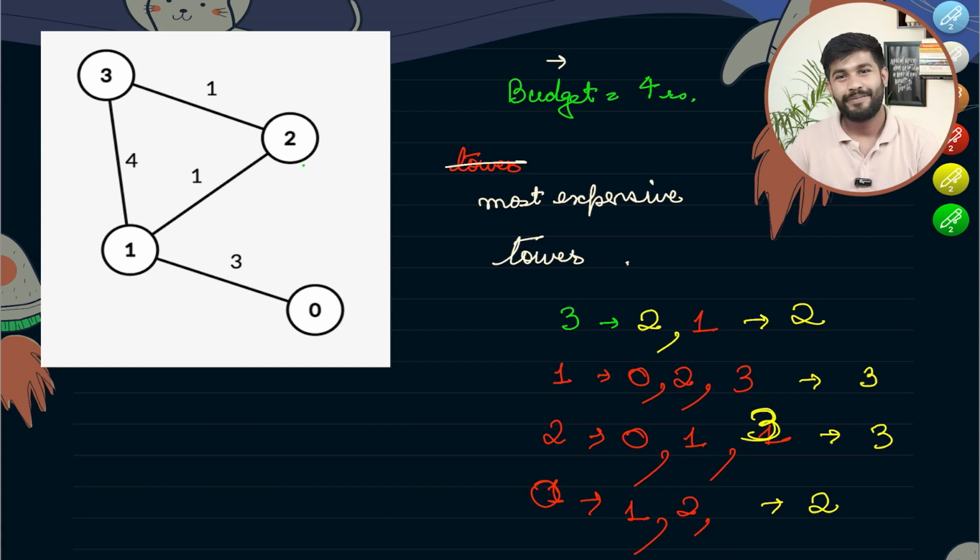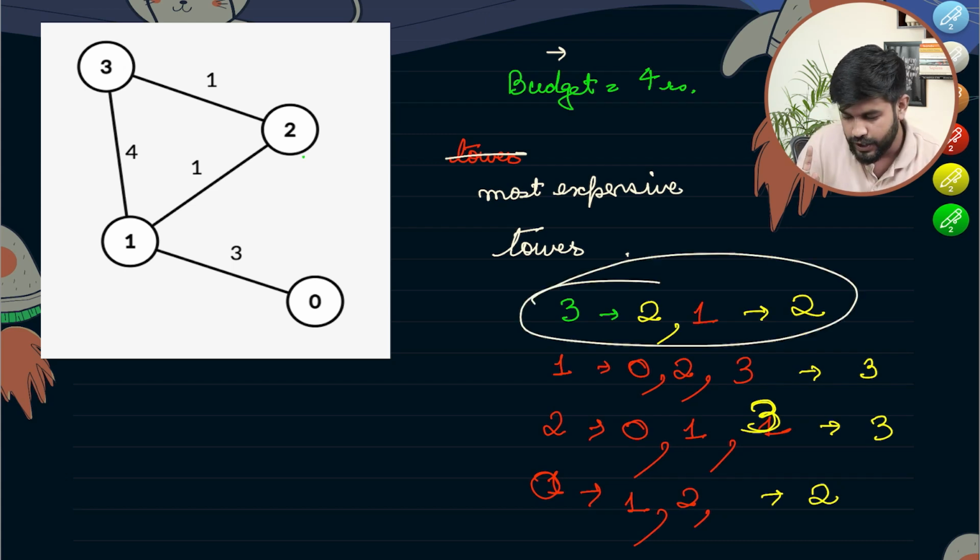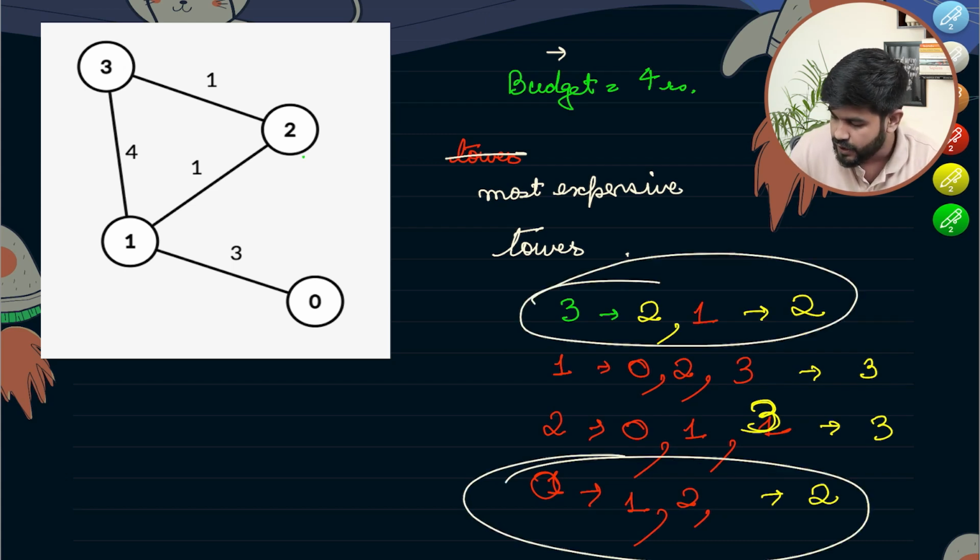So now if I look at the most expensive tower, what is the most expensive tower? The most expensive tower would be the tower from where we can visit the minimum number of towers. But there exist 2 like this. What are the different ones? Here we have 3 where we can visit only 2 towers. Here we have 0 where we can visit only 2 towers.